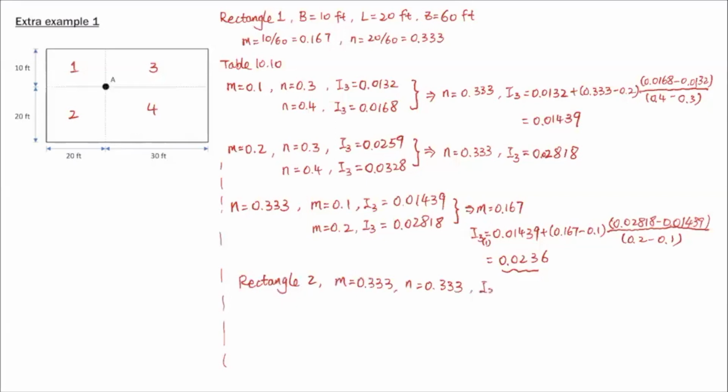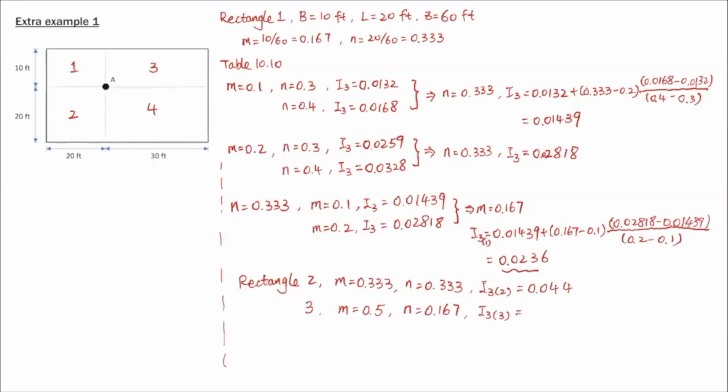So I3 for rectangle 2 is 0.044. And for rectangle 3, the m value is 0.5 and the n value is 0.167.